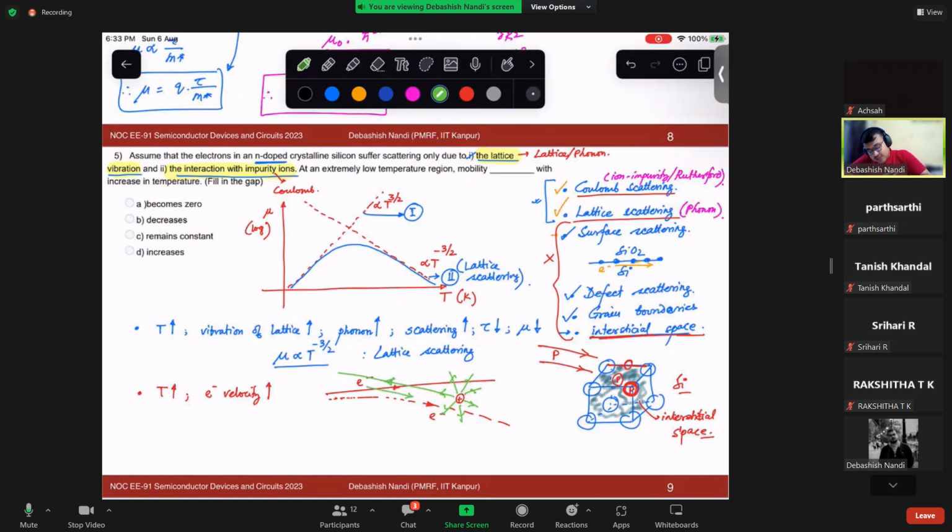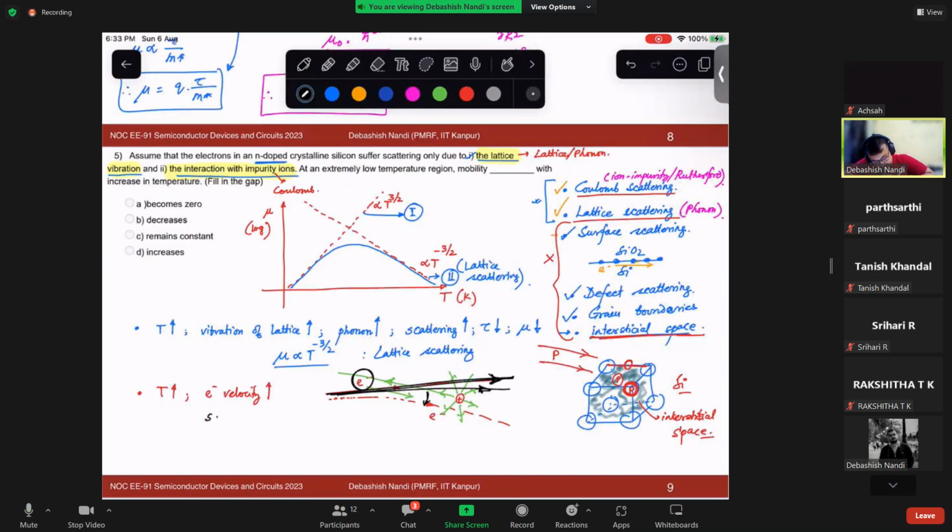Now suppose as the temperature increases, the electron velocity increases. Then it will just go past. If the velocity is very high, it may get deflected only slightly, not this much. That means scattering reduces. So as temperature increases, the velocity of electrons increases, so the effect of charged particles on the path of the electron gets reduced.